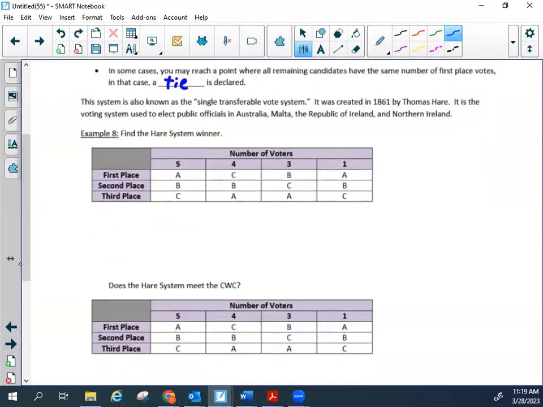So I'm only looking at the first place votes of the candidates. So I have A, B, and C. Using the number of votes here, I see A has 5 votes plus one more first place vote, so that's 6. B has 3 first place votes, and C has 4 first place votes.